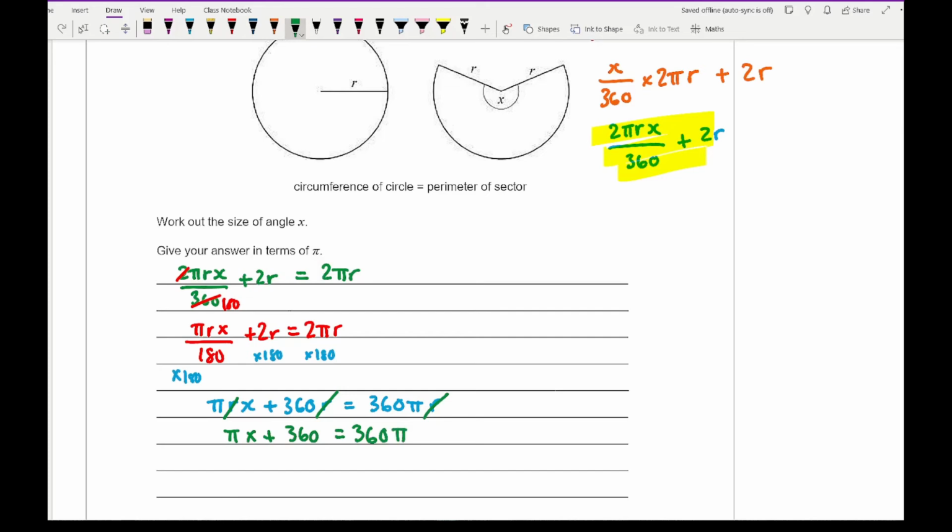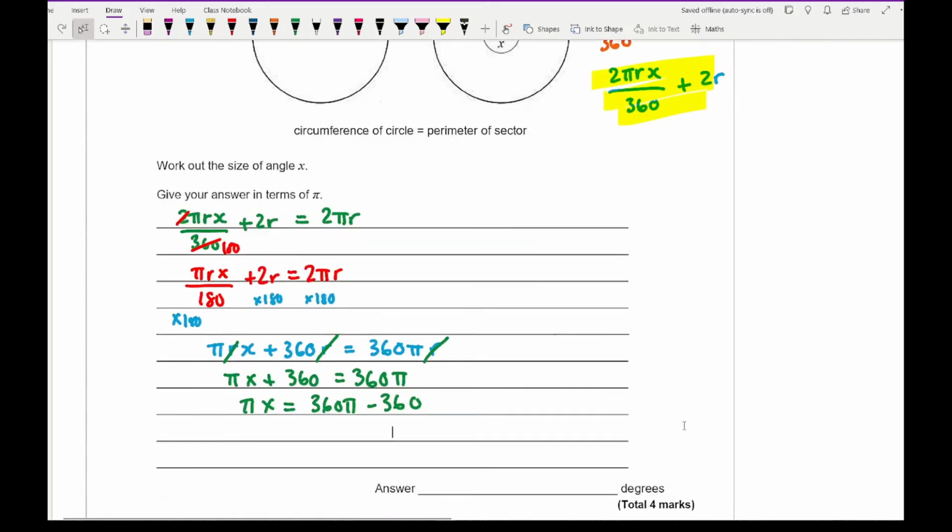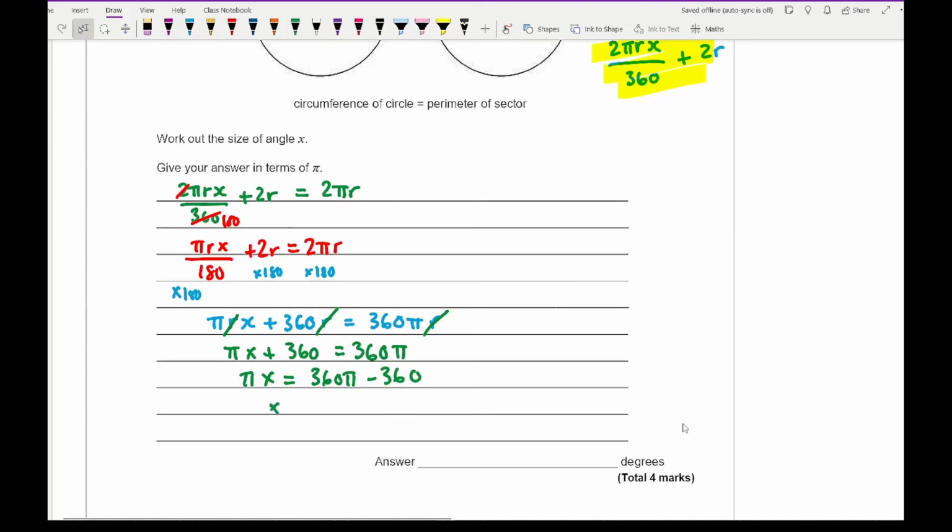Now I want to get x the subject, so I take everything that hasn't got an x over to the other side, and then get rid of the pi. So from this I get pi x equals 360 pi minus 360, and then I divide by pi. So x equals 360 pi minus 360, all divided by pi.